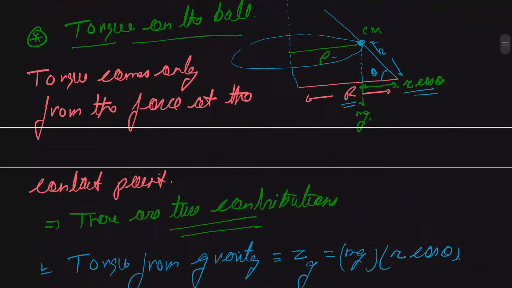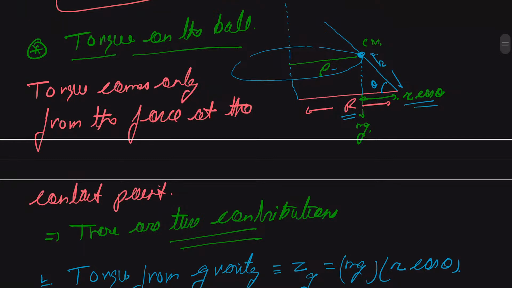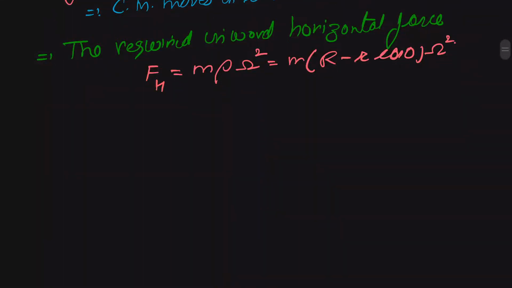Okay. Yeah, so this will be our r sine of theta. Therefore, we can write that our torque horizontal will be equal to our minus, and this comes as m R minus small r cos of theta and our perpendicular distance, that is our r sine of theta.